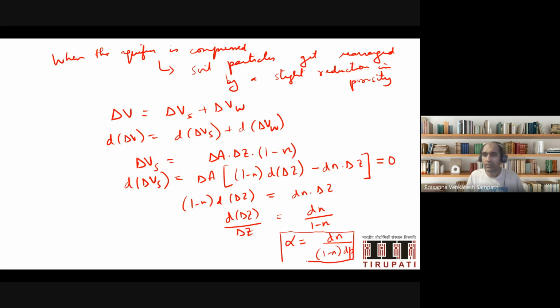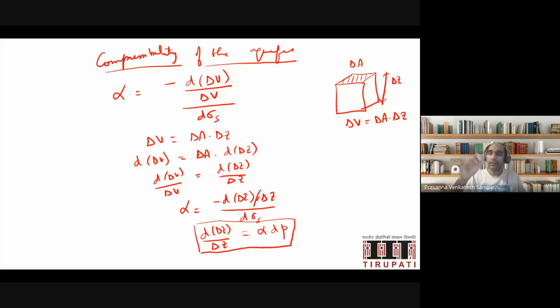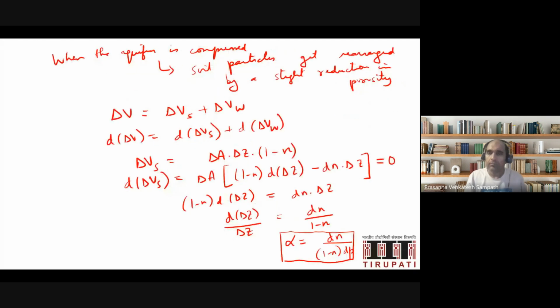It is just a combination of what we got in the previous slide, d delta z by delta z equal to alpha times dp. Put that in here, rearrange it a little bit, and you get alpha equal to dn by 1 minus n, multiplied by dp in the denominator. Okay, so just keep this in mind. This is telling us that the compressibility of the aquifer is happening by a combination of change in the pressure dp and a change in the porosity dn.